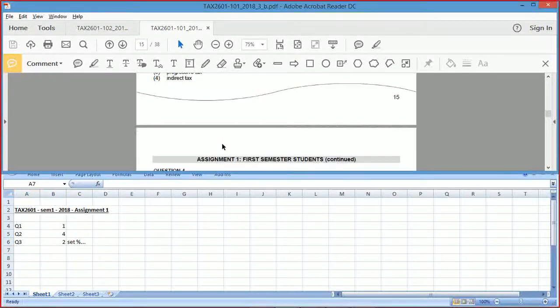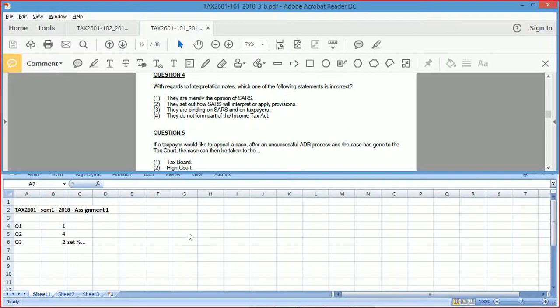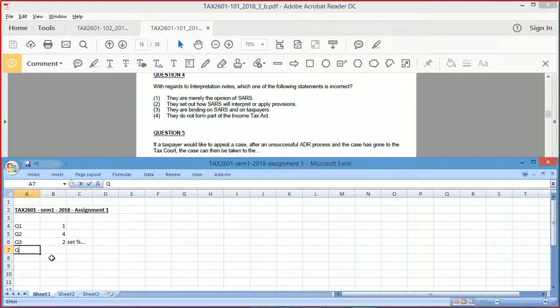Number 4. With regards to interpretation, we spoke about SARS practice notes. SARS has practice notes because they tell you how they're going to treat something in line with the rules of law.